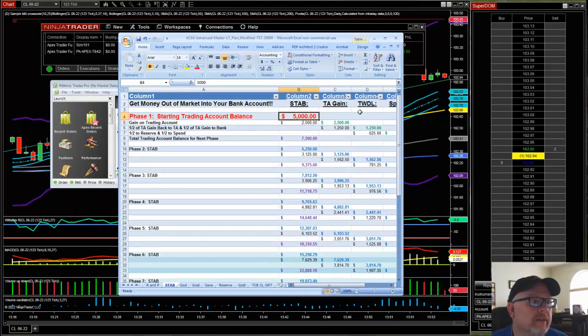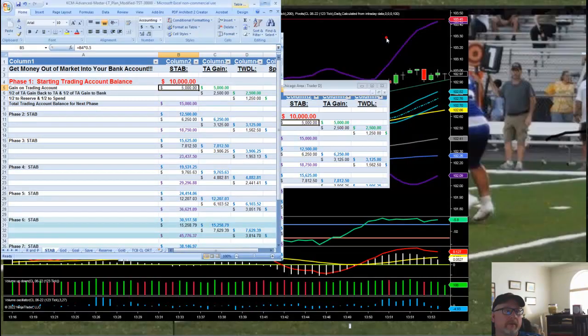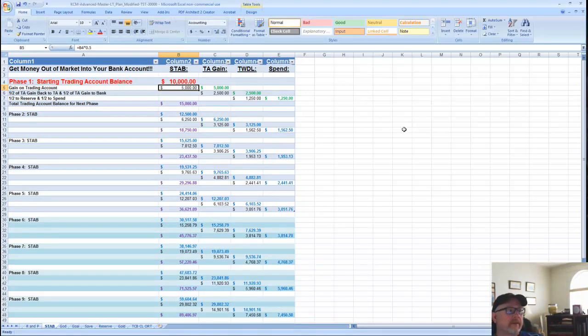I know it's a $50,000 account, supposedly, but I'm thinking of it as a $10,000 account. Pretend it's a $10,000 account, make $5,000 and then pull $2,500 out. Let me blow this up a little bit so you can see what I'm talking about. This is get money out of the market into your bank account. I call it stab. Each one of these, you're increasing your account balance.